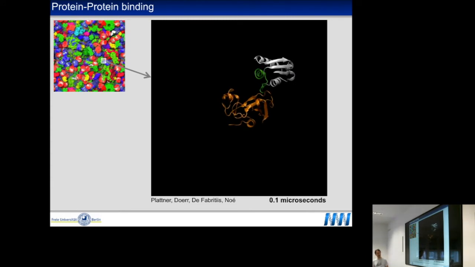So the proteins are diffusing around, they start to form contacts, but they don't really bind yet. And once they bind, then they really stay there very long. This particular complex has a lifetime of about 1 hour in equilibrium. So it's basically really hopeless to simulate the dissociation of this complex with direct molecular dynamics without doing any additional tricks.